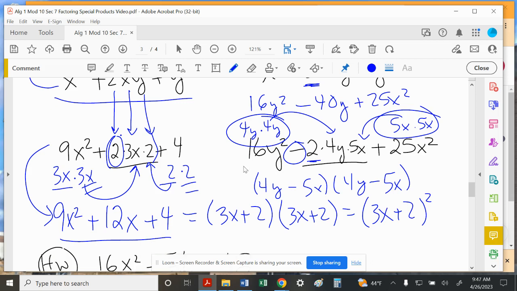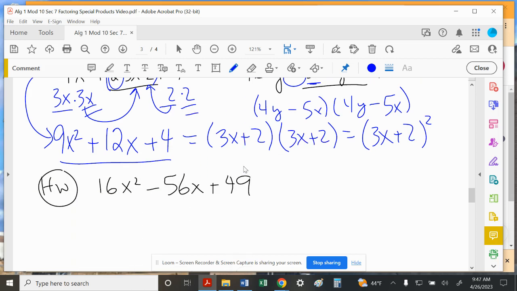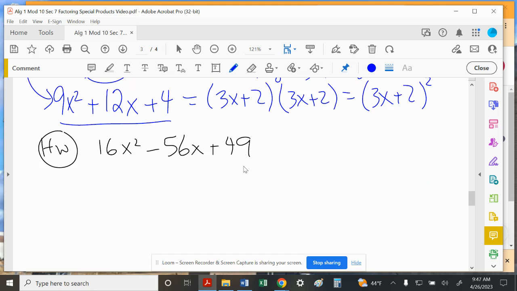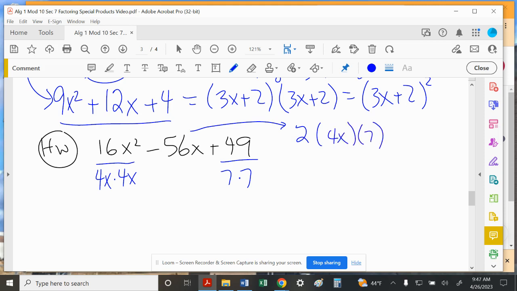Okay, let's do some problems. 16x squared minus 56x plus 49. You can see that this is a perfect square, meaning it's 4x times 4x, and this is a perfect square, 7 times 7. So it's potentially a perfect square, but we have to prove that. We have to prove first that this middle term is 2 times 4x times 7.